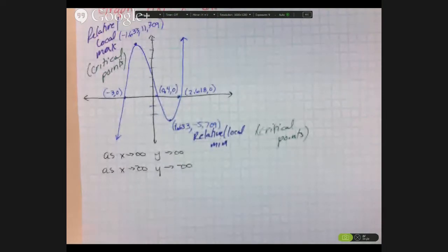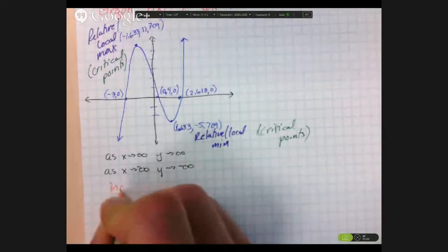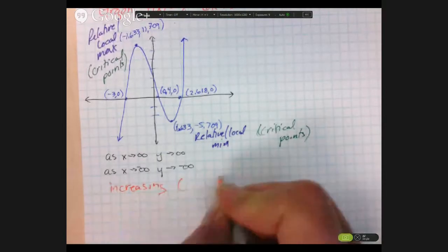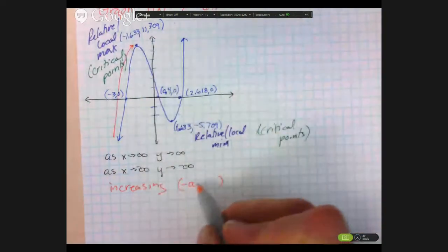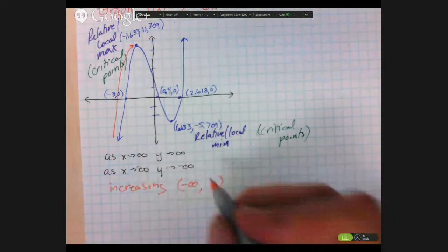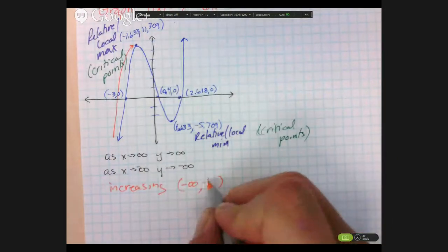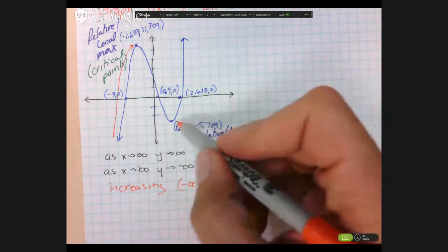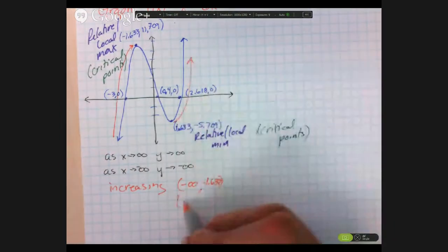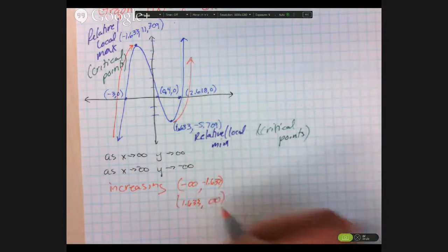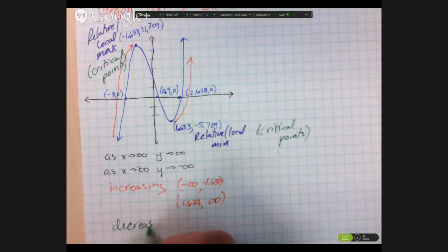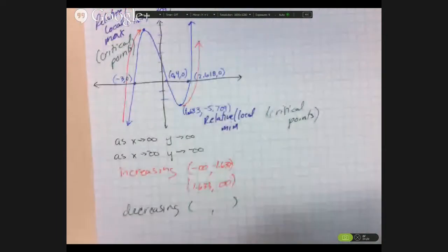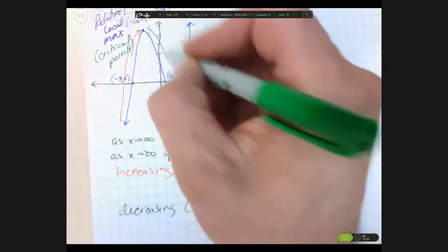Where is this function increasing? From here up, right? Those are not coordinates, they're intervals. And then decreasing from here to here, right?